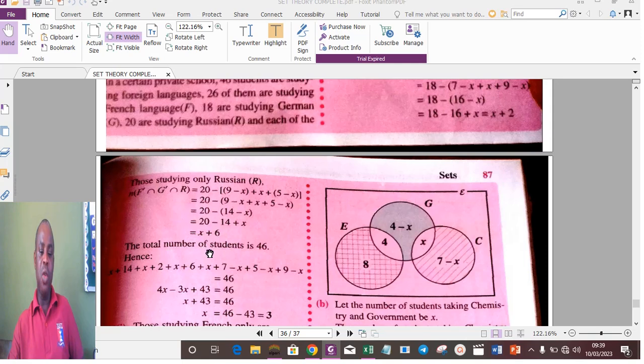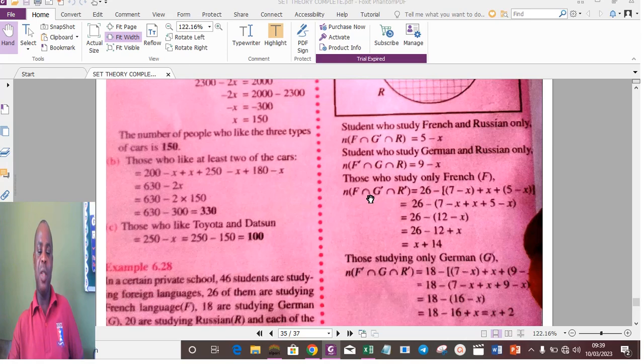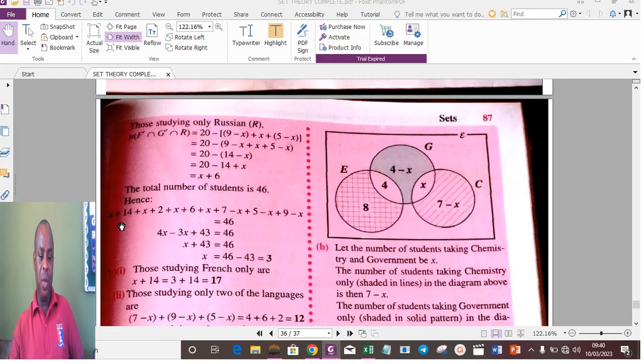So the total number of students studying in that school is 46. So we add all what we have gotten here together. We want to get the value of s, so that will be s plus 14, s plus 2, s plus 6, s plus 7 minus s, plus 5 minus s, plus 9 minus s.